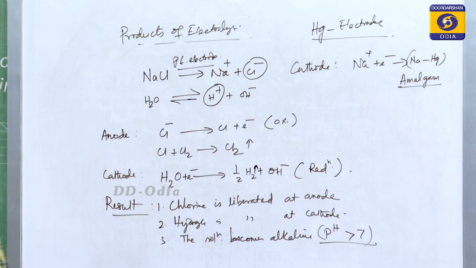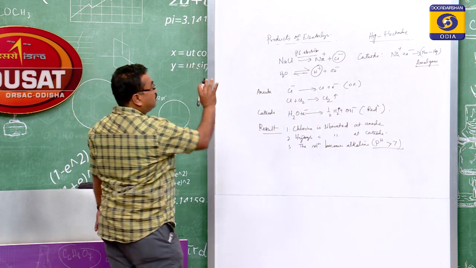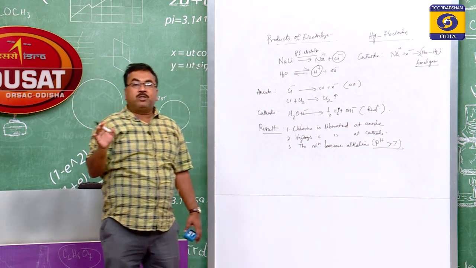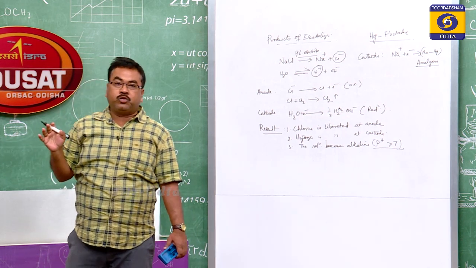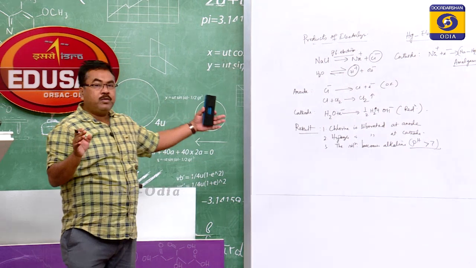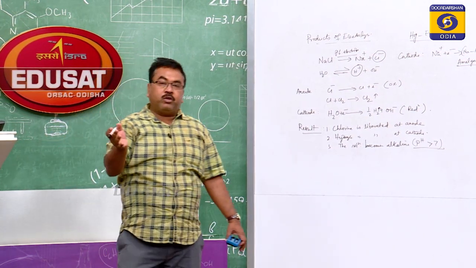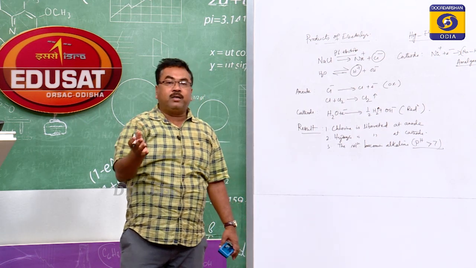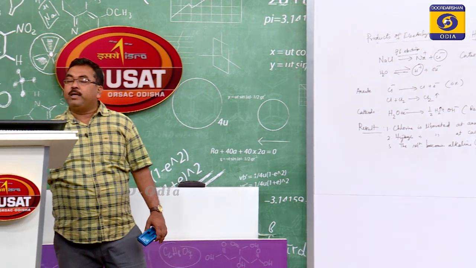Any metal combining with mercury to form an alloy is called an amalgam. So here an amalgam is formed. This is how the products change by using different electrodes. There are numerous examples you can cite, such as electrolysis of copper sulphate solution, silver nitrate solution, and so on.